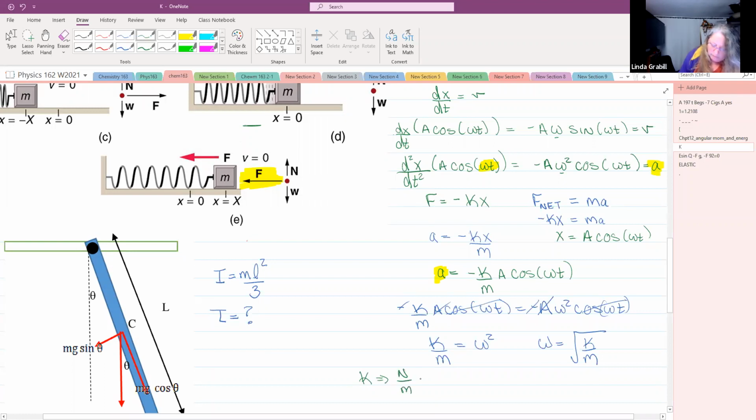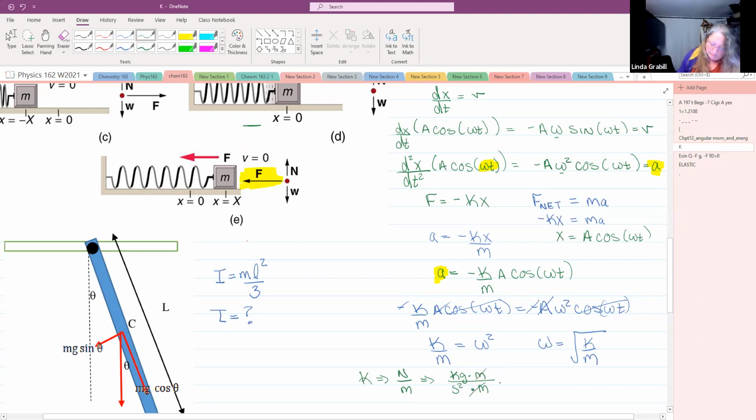And a newton is mass times acceleration, so kilograms times meters over seconds squared, times meters.